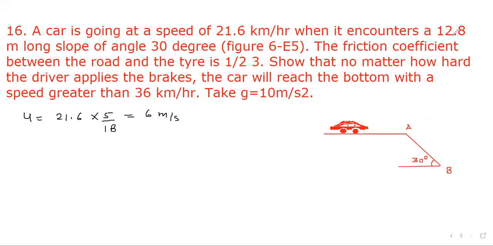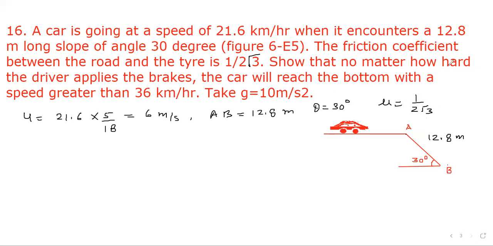When it encounters a 12.8 meter long slope, here AB is 12.8 meter, and theta is given as 30 degrees. The friction coefficient between the road and the tire is 1 by 2 root 3. The value of mu is given as 1 upon 2 root 3.